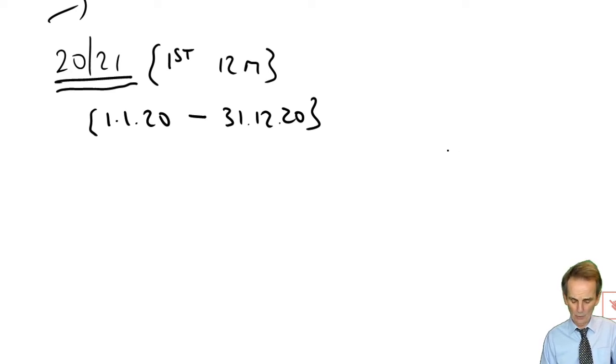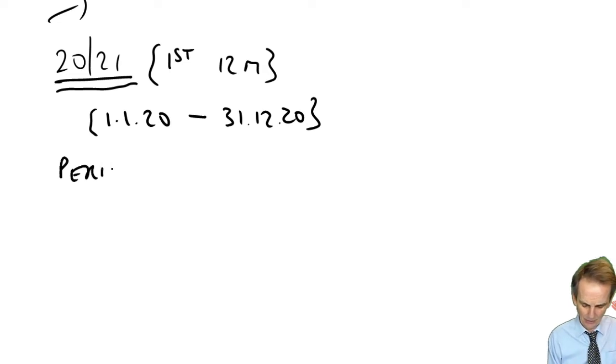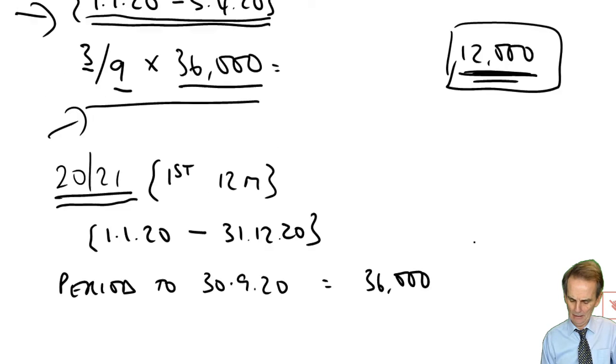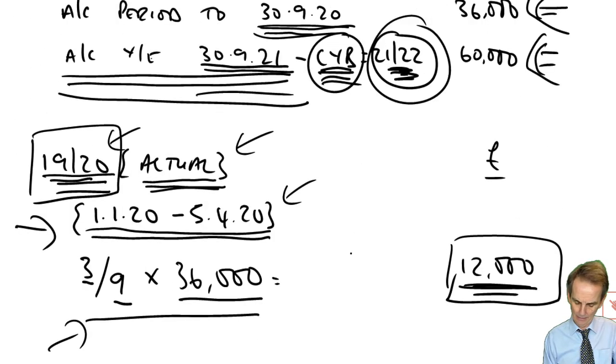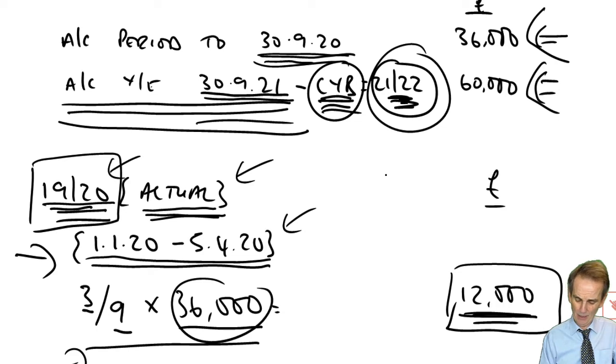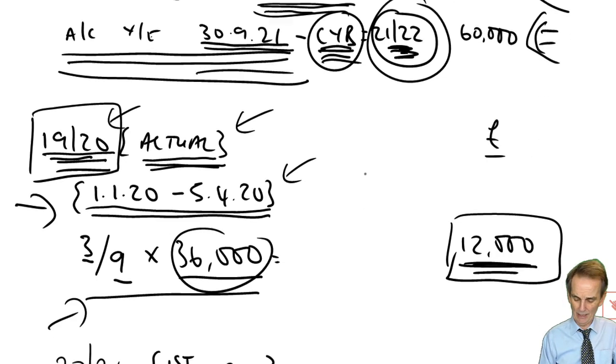The profits that will be included will be, firstly, the profits of your opening period, which was the 9 months through to the 30th September 20, and that was £36,000, I think, if I remember correctly. Let's go back. Oh yes, 36,000 we've used there. 36,000. The next period, year ended September 21, 60,000.